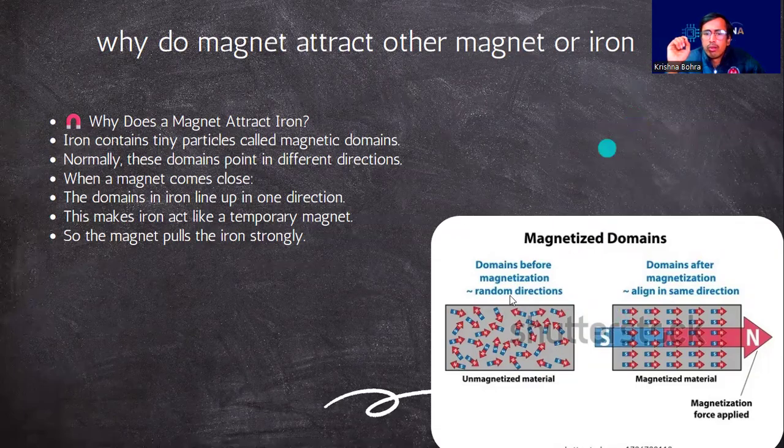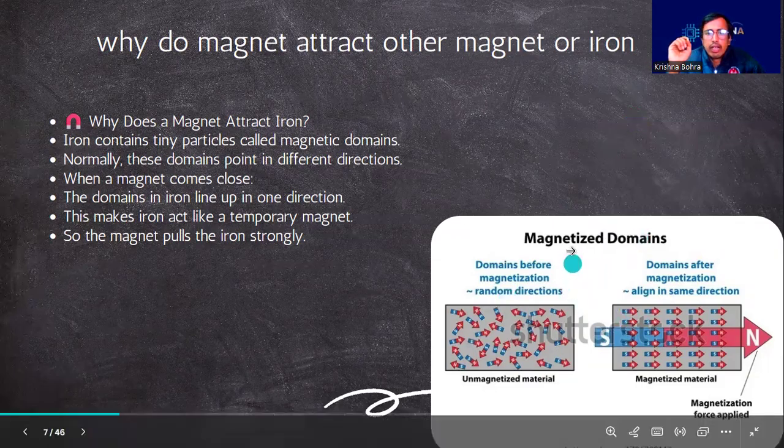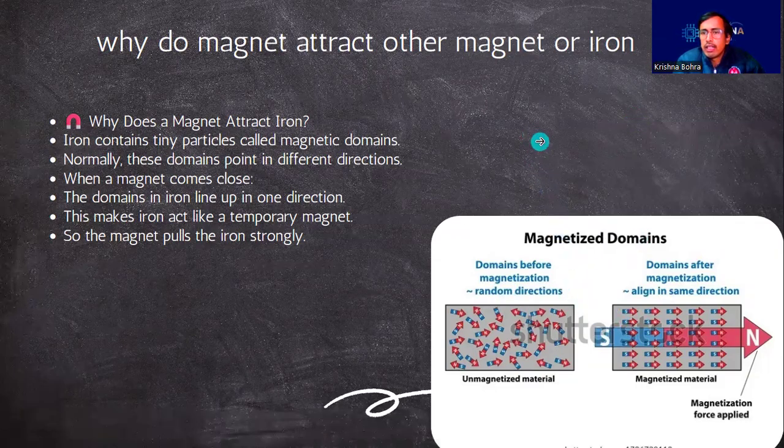But now you can ask a question: if every material is made up of atoms, and an atom has electrons, and due to the rotation of electrons it behaves like a bar magnet, then why is not every object a magnet? The answer lies in the alignment of these bar magnets, these domains.